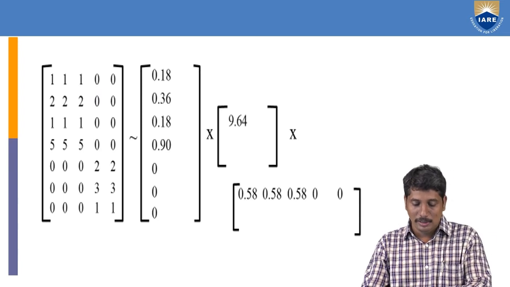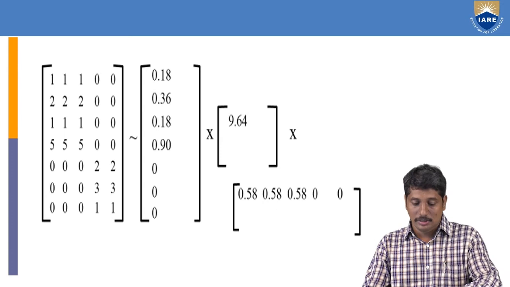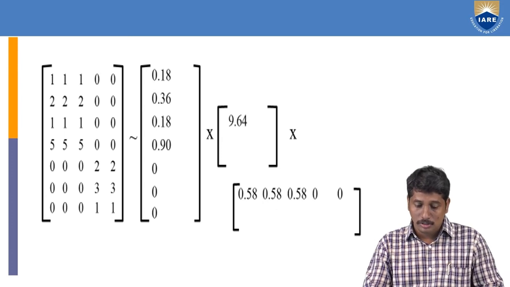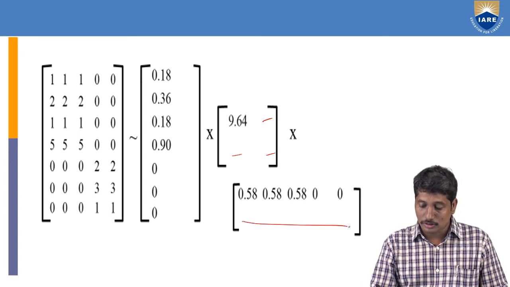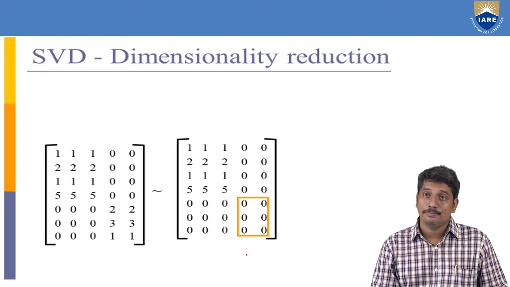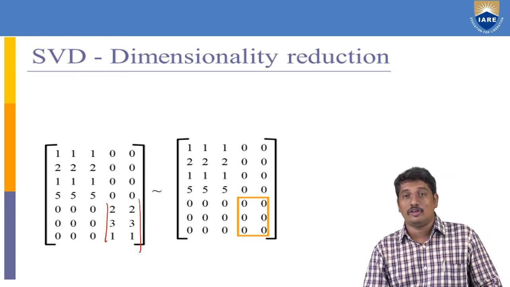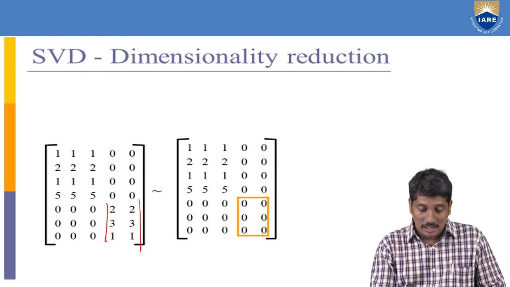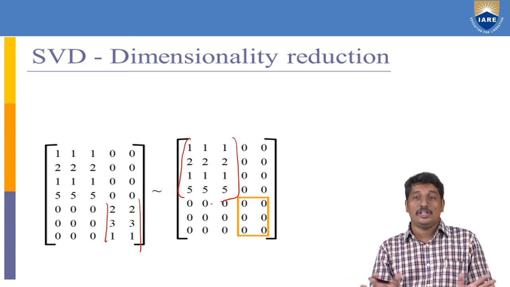We have eliminated the second column, these three elements, and the second row, and we multiply these three and we get this. So we have removed these unnecessary data columns, and hence our data has been reduced. This is called dimensional reduction.